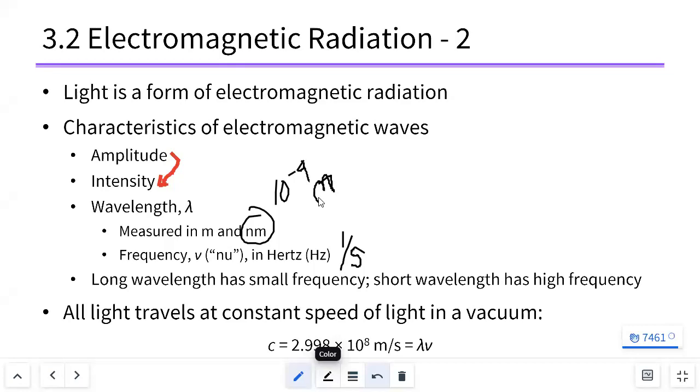Since they're all traveling at the same rate, I'm looking at how many waves I'm going to see crossing by. The longer the wave is, the fewer waves I'm going to see. By contrast, if I have a short wavelength, the frequency is going to be that much higher. Because again, more waves going by, I'm going to see more of them in that given second, because they're shorter.